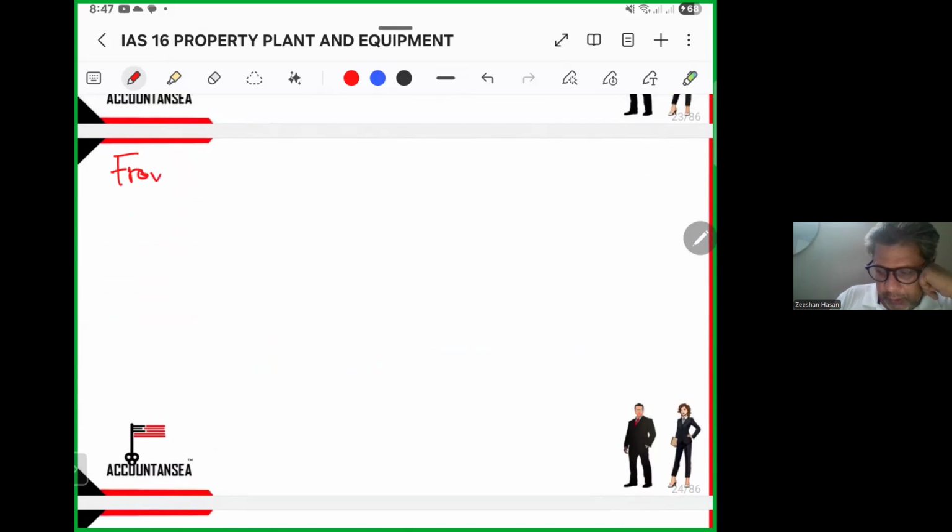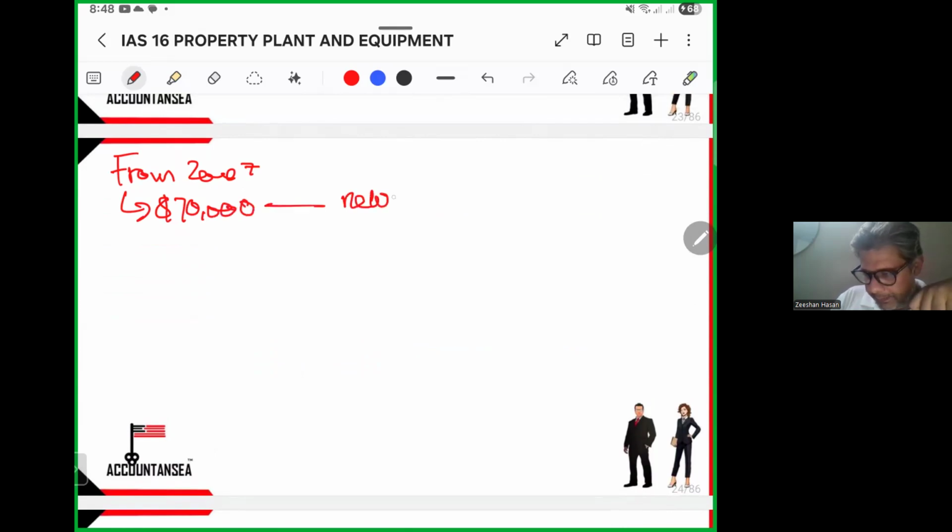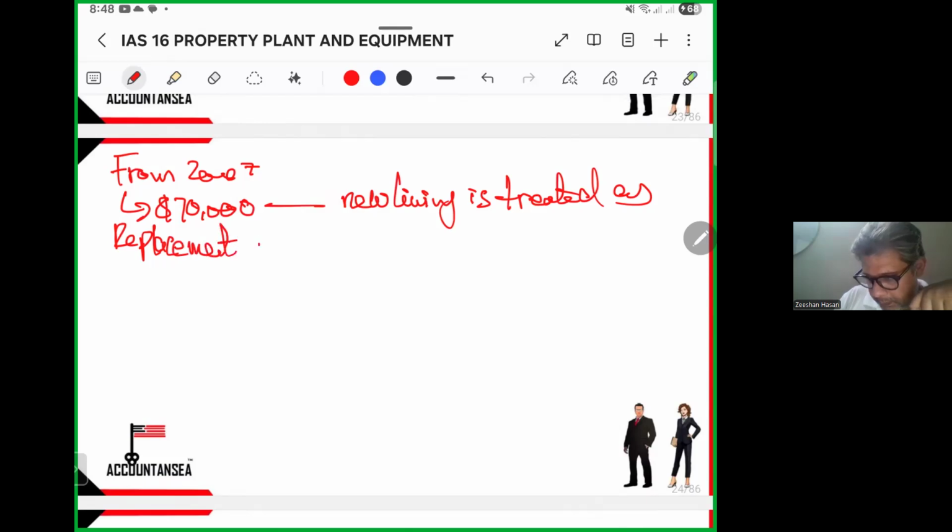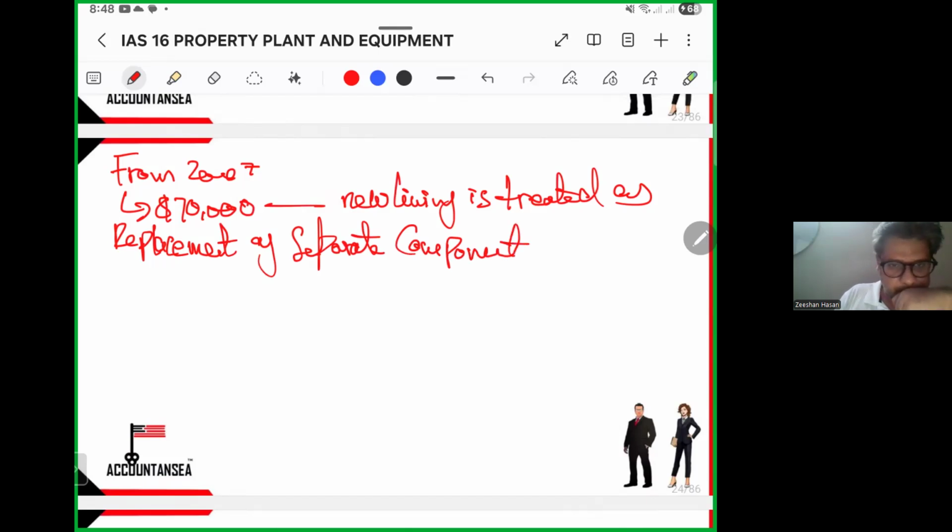From 2007, the $70,000 spent on new lining is treated as replacement of a separate component, an asset, and added to property, plant, and equipment.